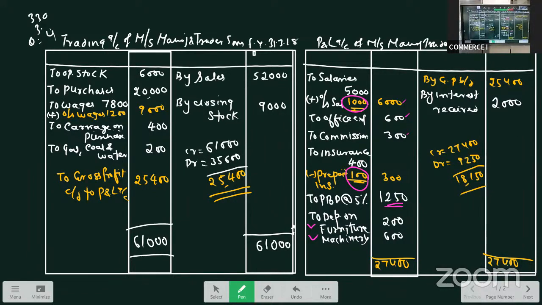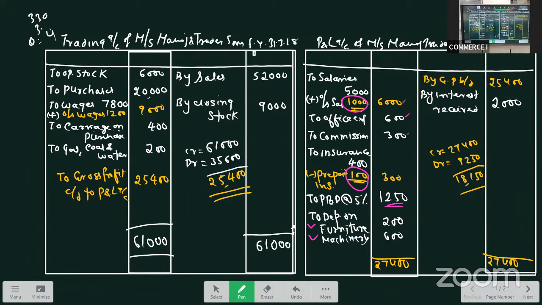We are getting 18,150. The book answer is 20,150.